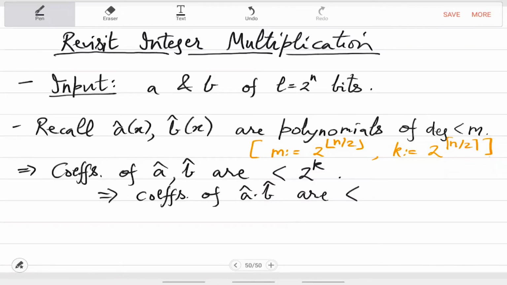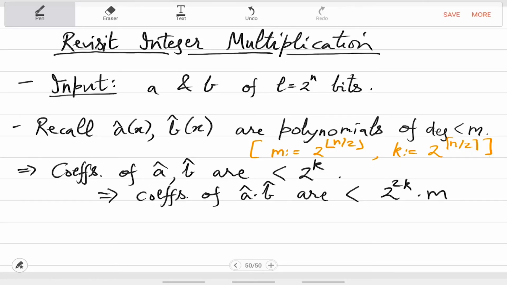So we said that you will multiply a coefficient of A hat with that of B hat, so it's at most 2 raised to 2k. But then there is also this convolution when you multiply polynomials, so you have to sum up m such products because degree is m. So this times m. Right? Definitely the coefficients of A hat B hat cannot exceed 4 raised to k times m. That's the bound. In the previous integer multiplication algorithm, we said that this is smaller than 2 raised to 3k, 8 raised to k, so you just go modulo 8 raised to k plus 1.